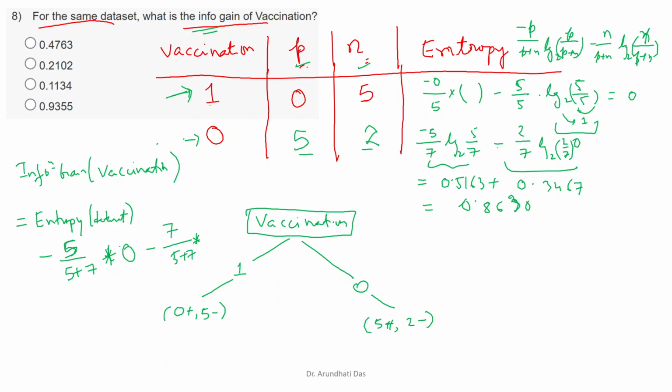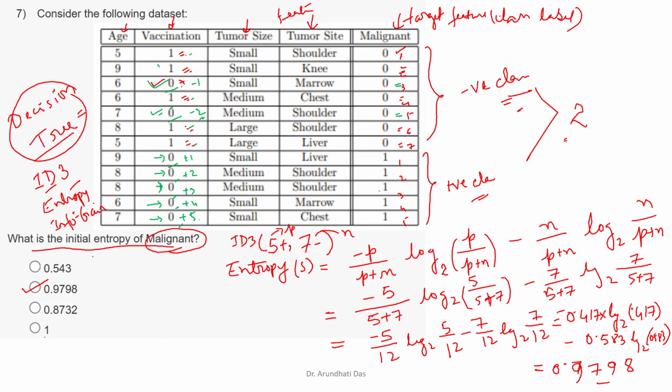What is the entropy? Just now we calculated it, that is 0.8630. This is subtracted from the entropy of the entire data set that we calculated for the previous question, which was 0.9798.